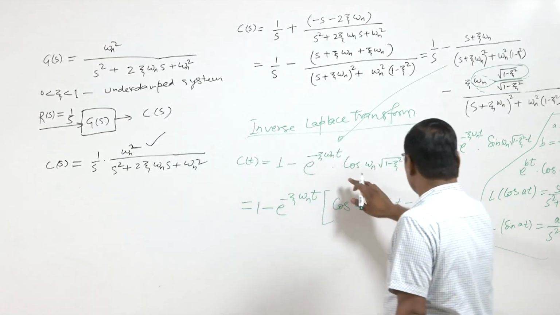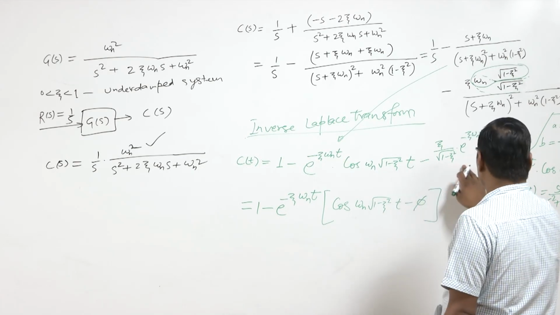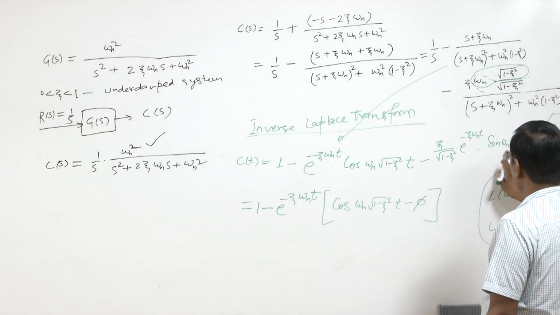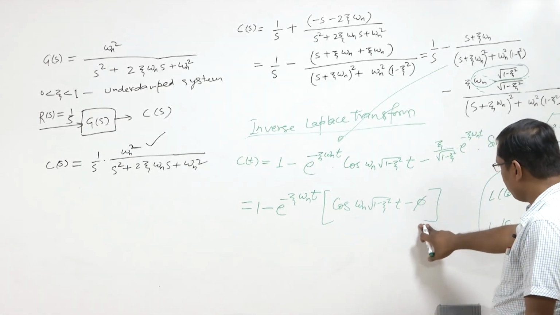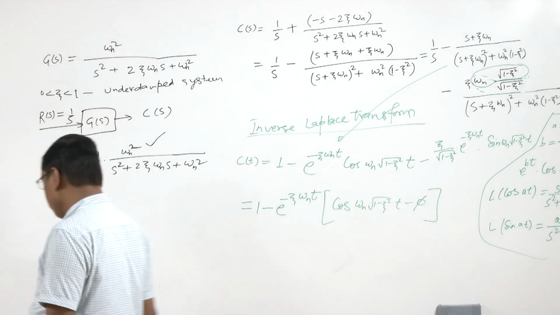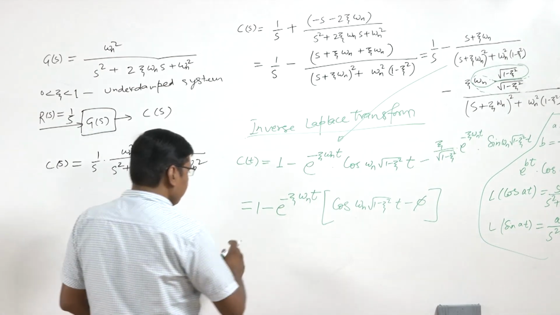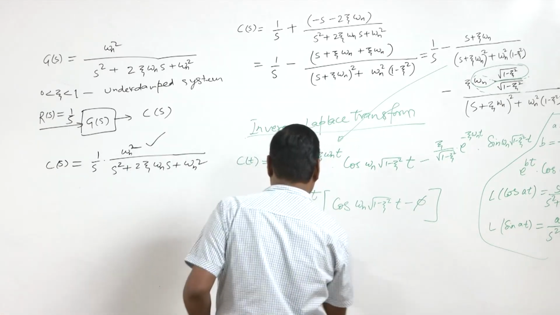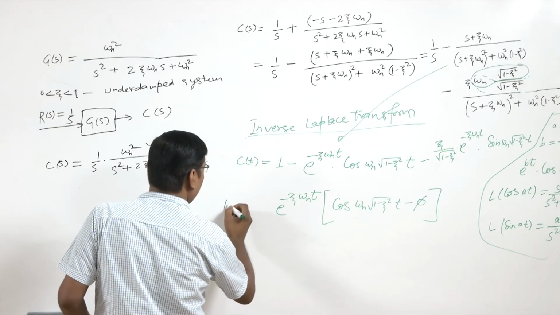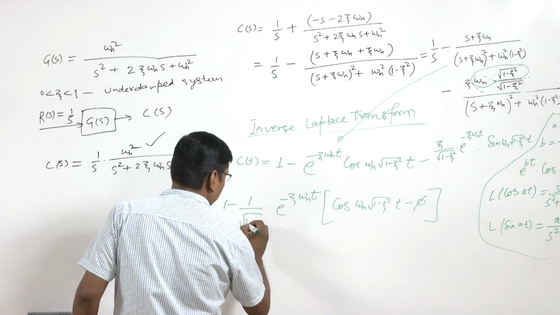So we can write a cos omega t plus b sin omega t as just one harmonic cos or sin with some phase difference. And here will be 1 minus 1 upon root 1 minus zeta square.